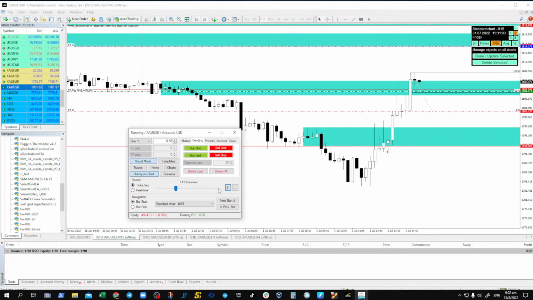Okay, so it closed a doji candle and it printed a low.